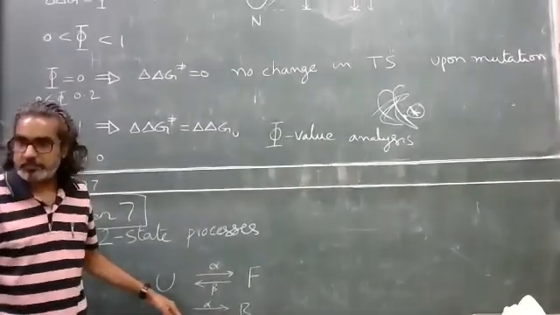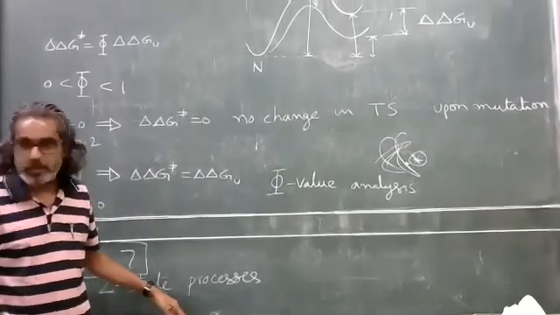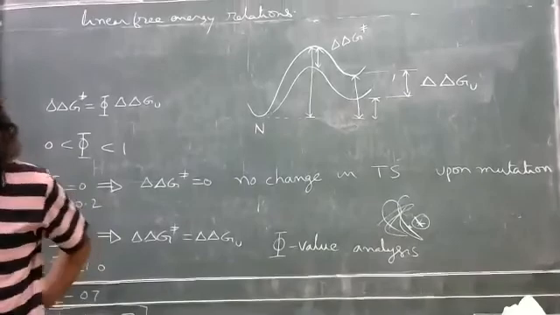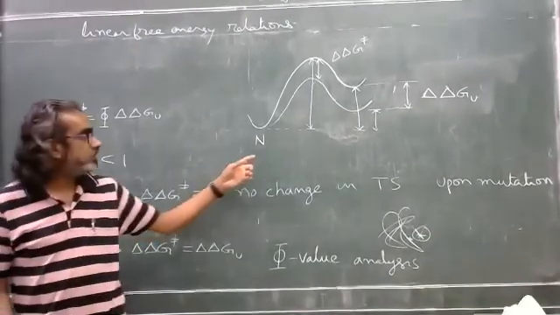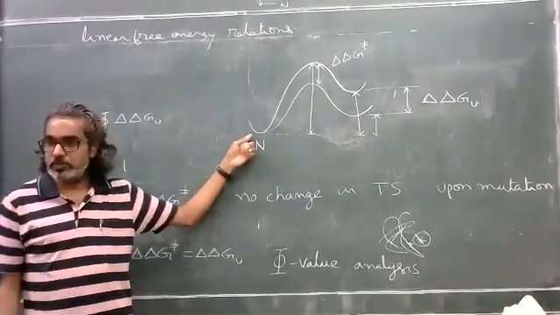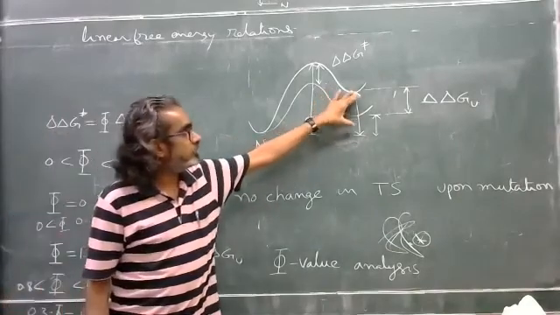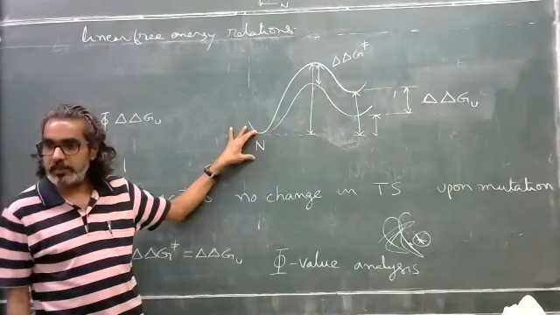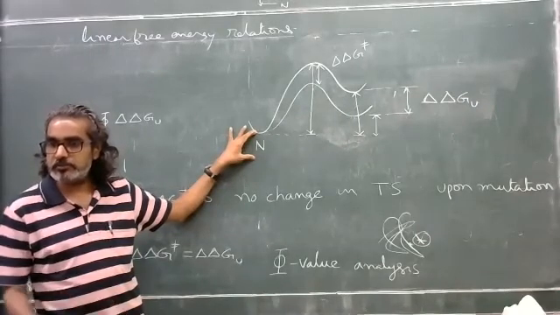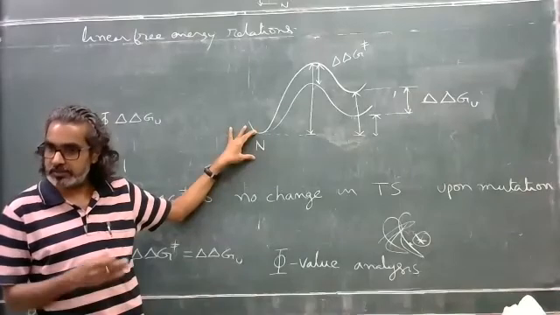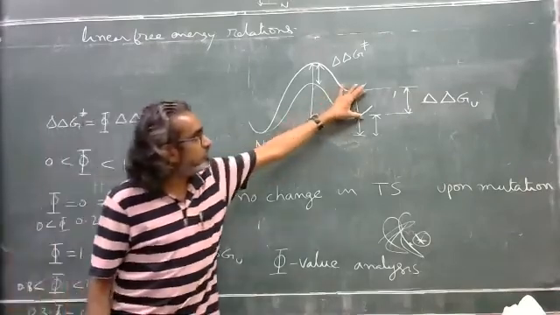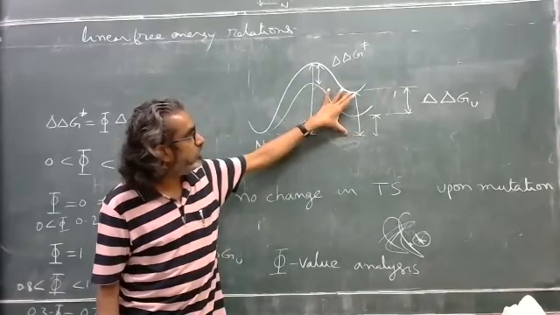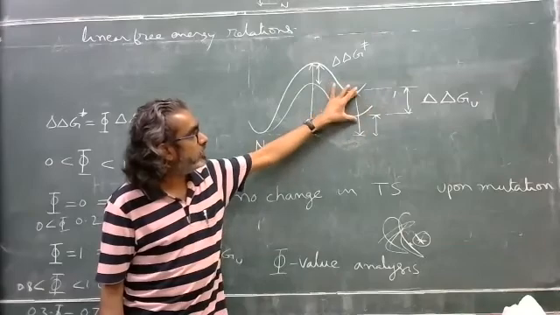Everything is basically relative. The energy change is always relative. So it's not that I'm simply assuming that the native state is the same so that I can calculate the difference. Finally, it's not important whether N in the wild type and N in the mutant are the same or not, because as long as I'm writing only the difference in delta G, this is 1 delta G, this is another delta G, and I'm taking only the difference of these 2 values.